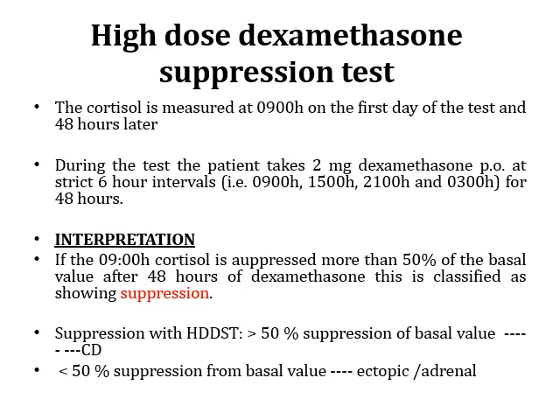Here we used 4 times the dose used in the low dose, 2 mg every 6 hours for 2 days. That is 8 mg the first day and 8 mg the second day, with a total of 16 mg in the high-dose dexamethasone suppression test as compared to 4 mg in the low-dose dexamethasone suppression test.